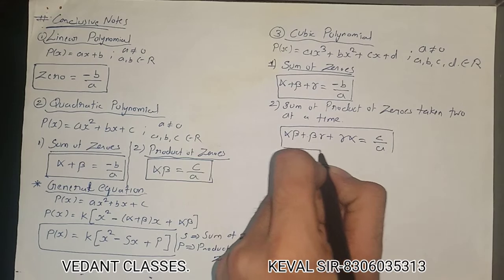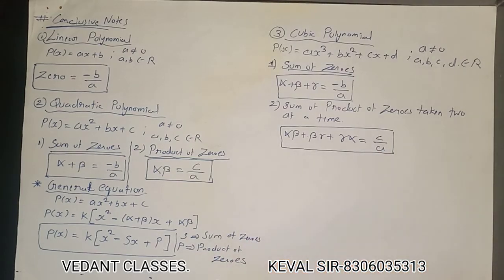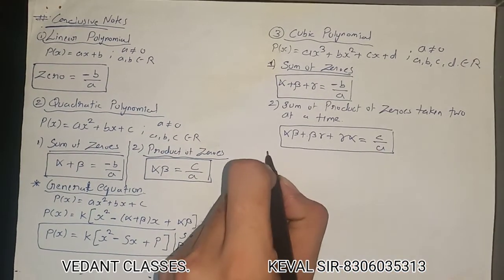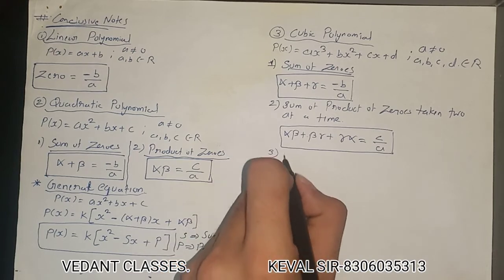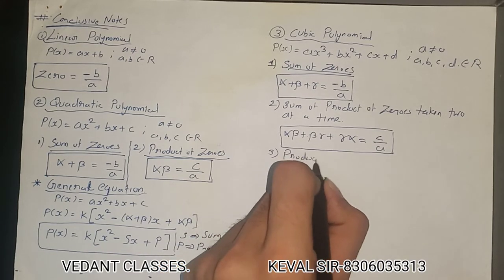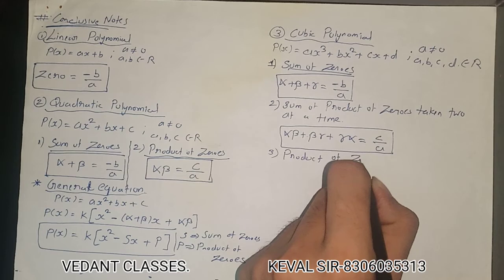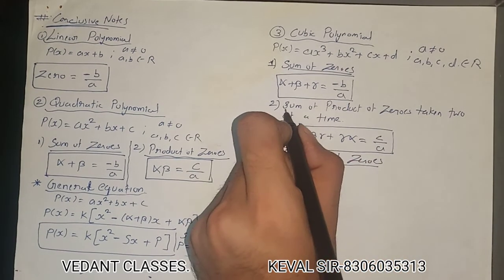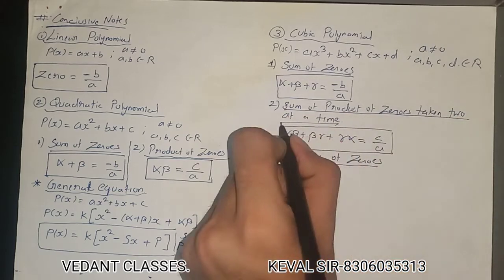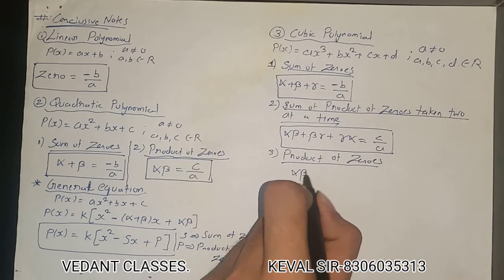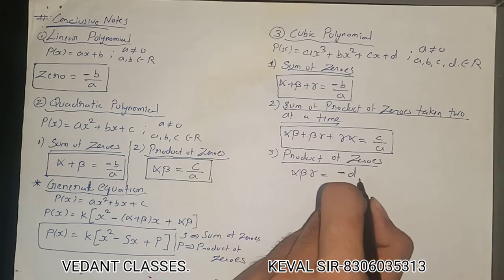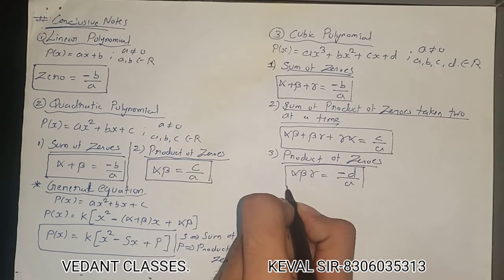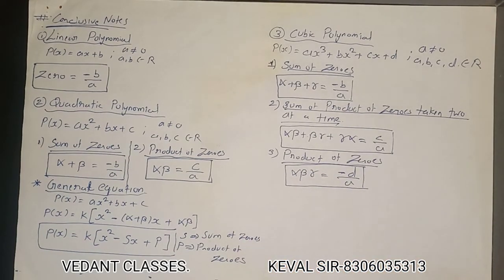That's what we have derived, right? So you just need to remember this as c by a. And the third thing that we derived is the product of zeros, alpha beta gamma, and that is equal to minus d by a. So these three things you need to remember for the cubic polynomial.